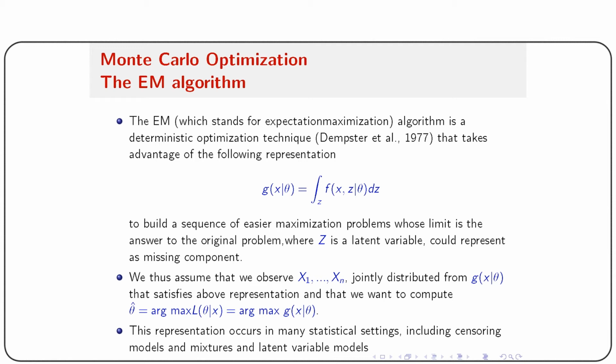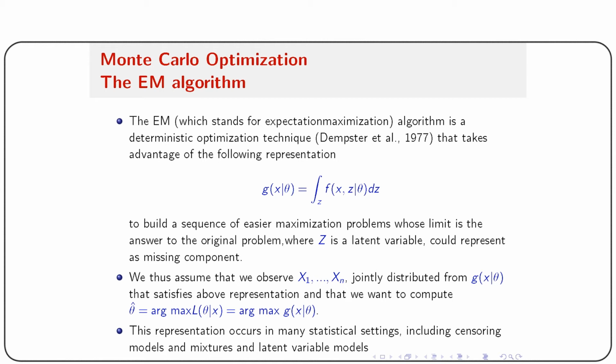The EM algorithm is a deterministic optimization technique that takes advantage of the following representation, g(x given theta) equals the integral of f(x, z given theta) dz, to build a sequence of easier maximization problems whose limit is the answer to the original problem, where z is a latent variable that could represent a missing component.